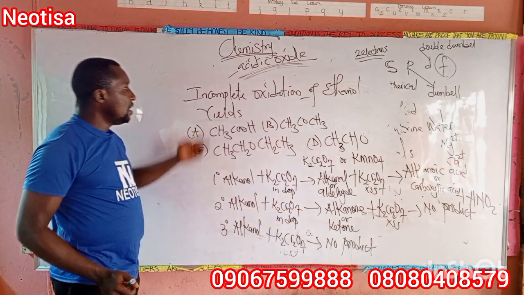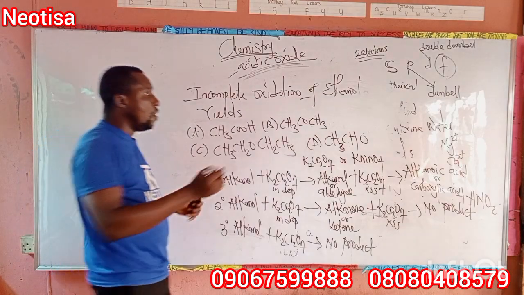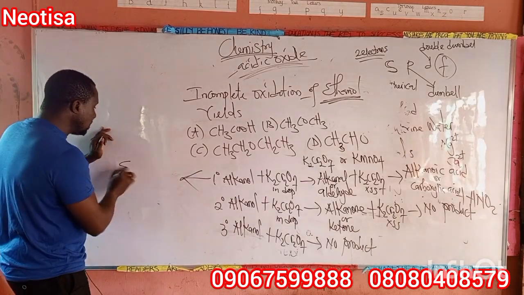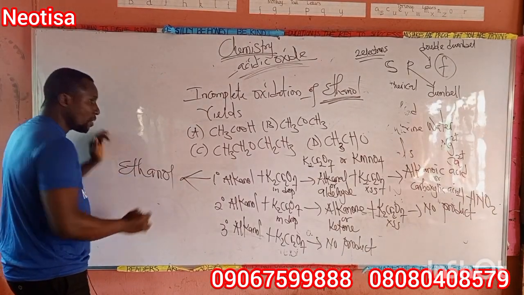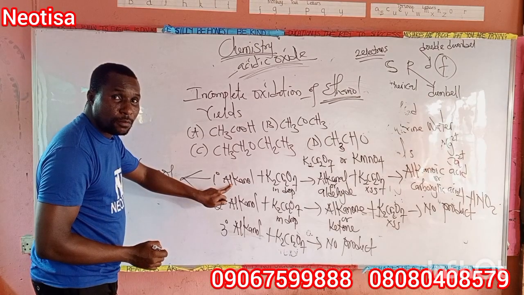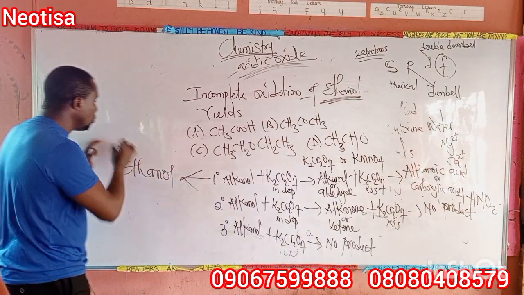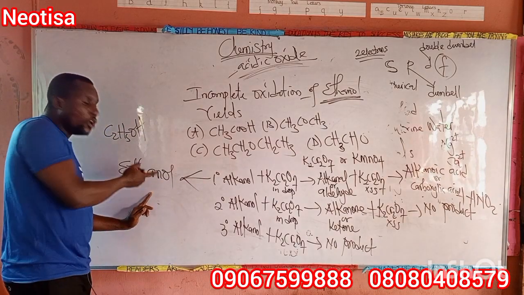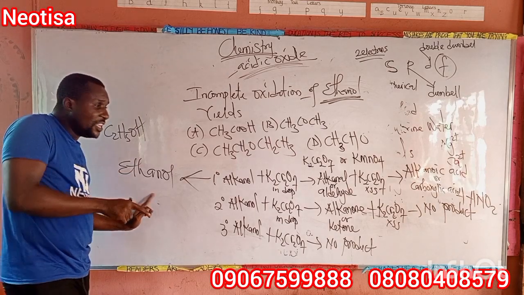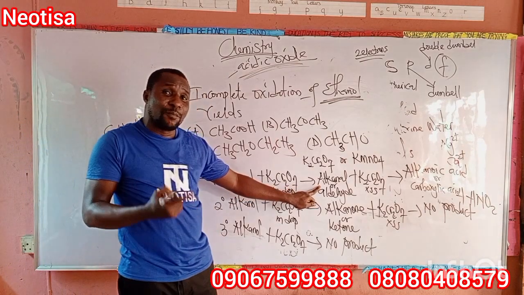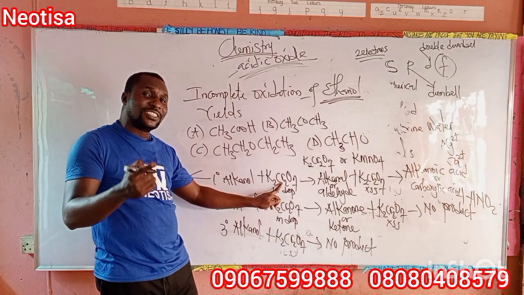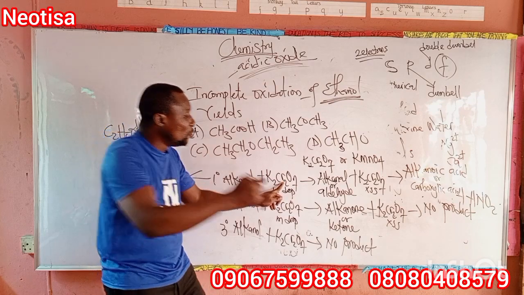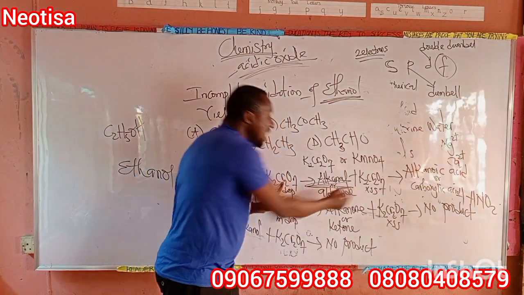But the question says incomplete oxidation of ethanol. Ethanol is an example of a primary alkanol, C2H5OH. When a primary alkanol undergoes incomplete oxidation with an oxidizing agent in drops, what you will have is alkanal.